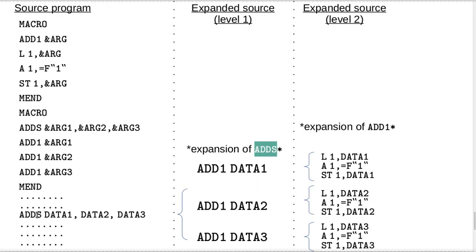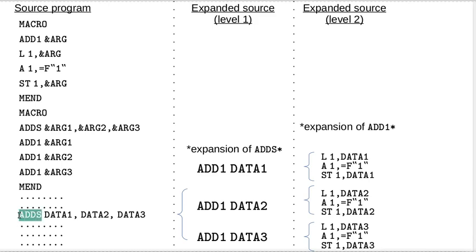These 3 positional arguments will replace the dummy arguments, so data 1 corresponds to arg1, data 2 corresponds to arg2, and data 3 corresponds to arg3, and in this way all the 3 instructions of the ADDS macro will be expanded. So the 3 statements become ADD1 data 1, ADD1 data 2, and ADD1 data 3. This is nothing but the expansion of the macro call to ADDS.